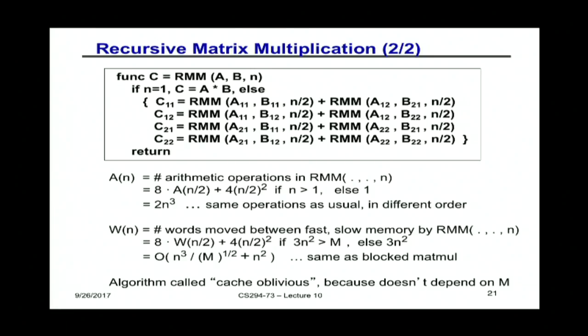From a performance point of view, it's not improving on the model we're using. What it improves is that you don't need to write many different codes. You don't need to do 9 nested loops to do different blocking to fit different caches. This recursion naturally, at an intermediate point, fits into maybe L3 cache, at the next intermediate point fits into L2, and when you get to the bottom, fits into L1. So that's the advantage of this.